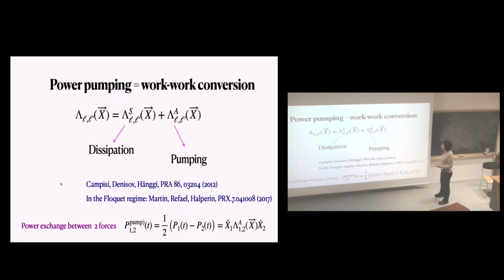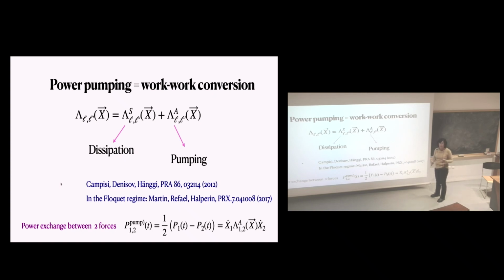So there is this work in which this question was formulated, and they gave the name geometric magnetism to this antisymmetric component. But basically, what you see is that it is some process in which you don't have dissipation.